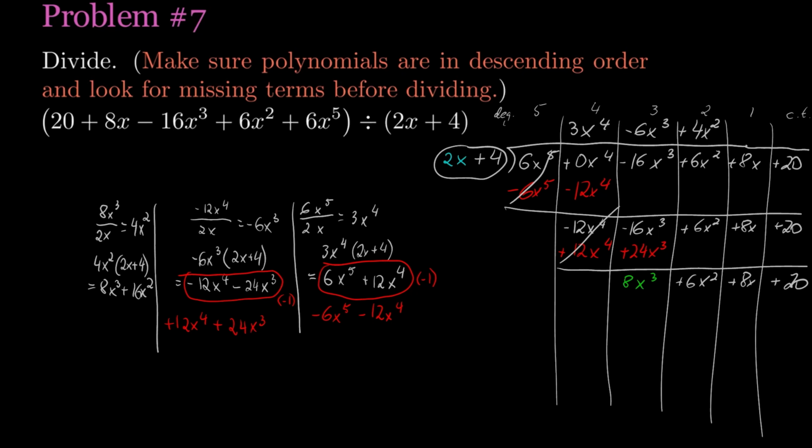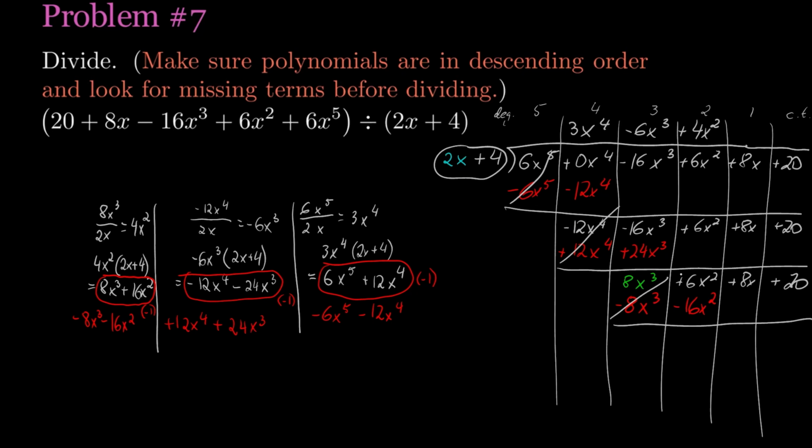We multiply that result by -1 since we are to subtract it from the current dividend. So we get minus 8x cubed minus 16x squared. We write it down in our diagram under the current dividend, minding the proper columns, for easy addition, and we perform that addition.